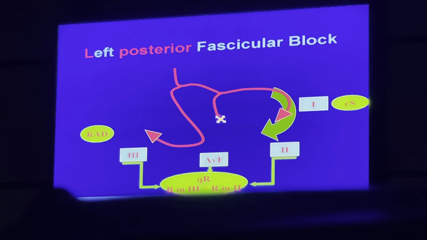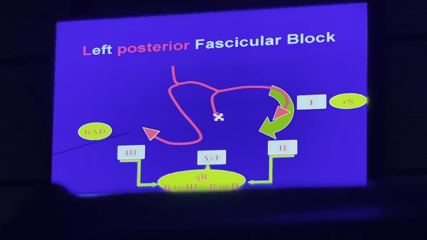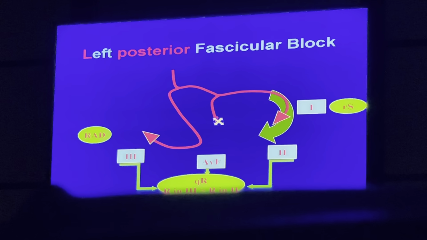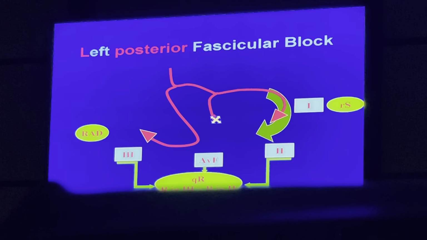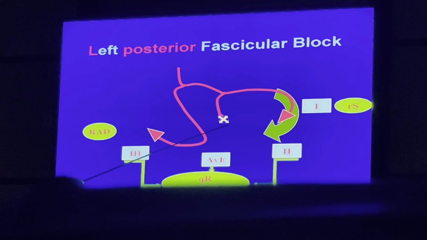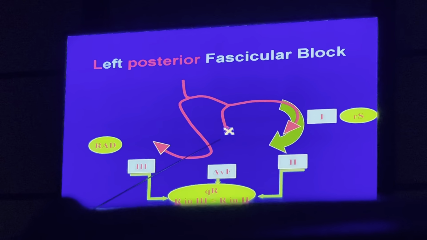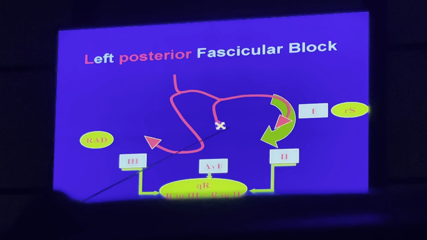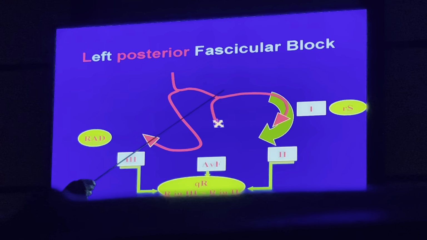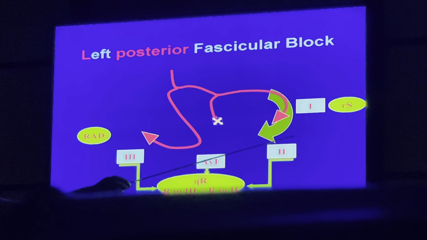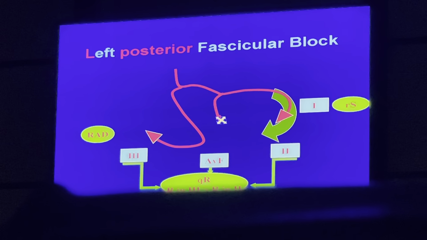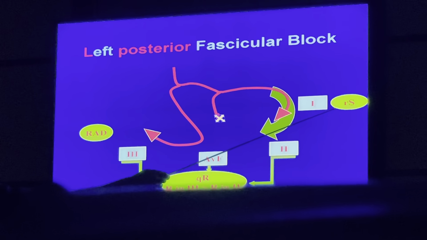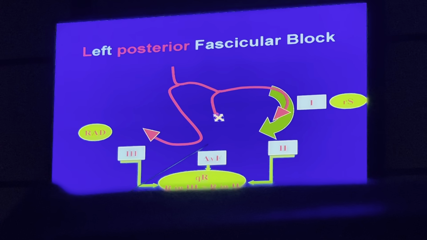Next. The same thing, what happens in the left posterior fascicular block? This is a cause of right axis deviation. The most delayed part which is being excited in the ventricle is the posterior part. This part excites late because there is block. So the first impulse excites the lateral part and then comes here to excite this one. Clear? So what will happen? Here a small r and then the whole impulse comes here.